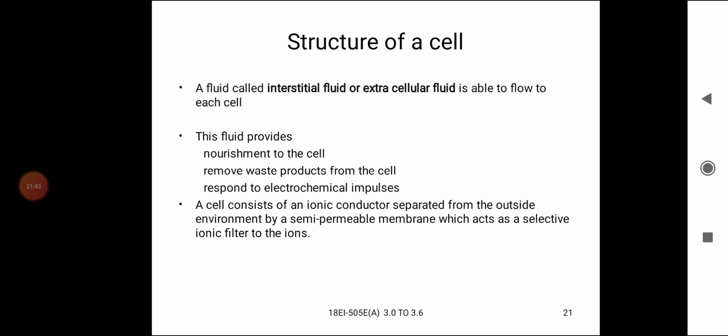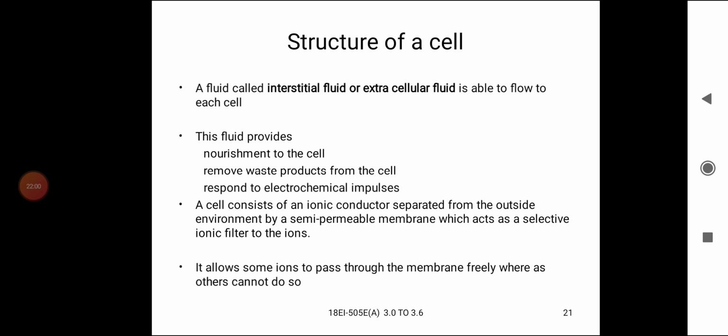A cell consists of an ionic conductor separated from the outside environment by a semi-permeable membrane which acts as a selective ionic filter to the ions. It allows some ions to pass through the membrane freely, whereas others cannot do so.